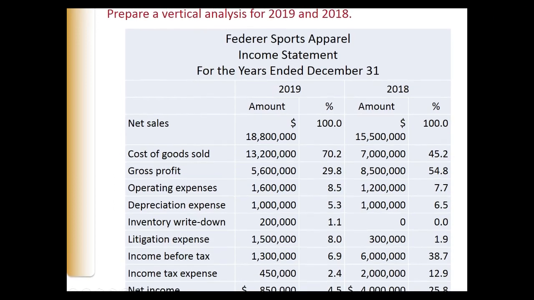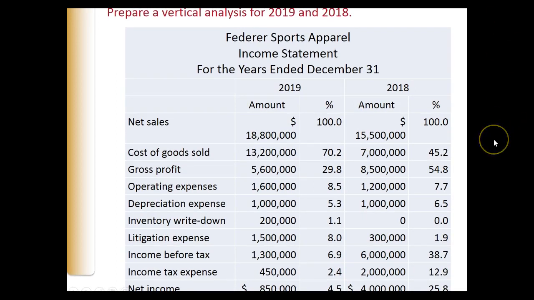So basically what we've done here is we take the income statements and we are going to base everything on net sales. So as you see here, this $18,800,000 is at 100%. It's the same with the 2018 $15,500,000. Our cost of goods sold is at 70.2% of net sales.